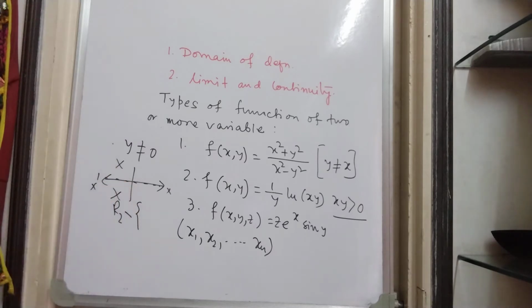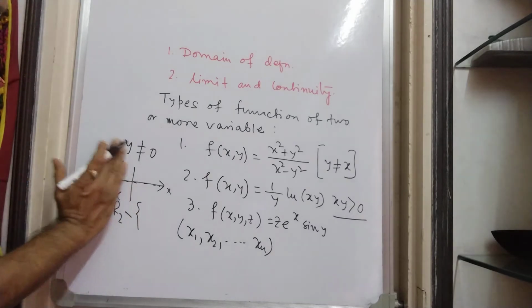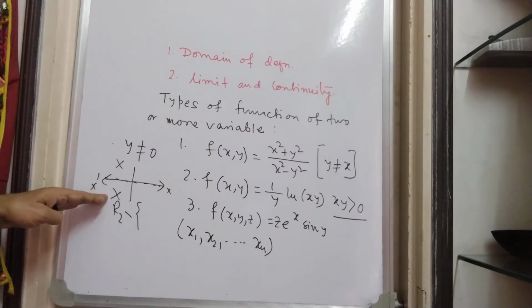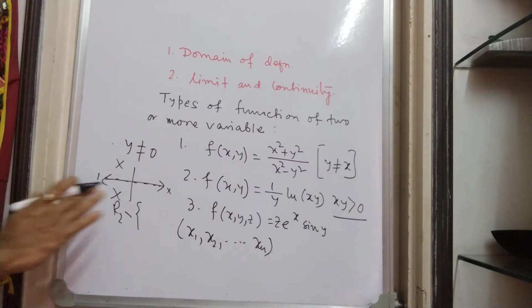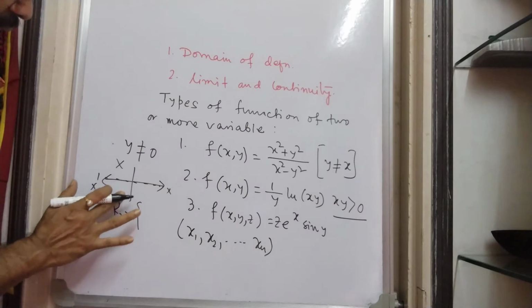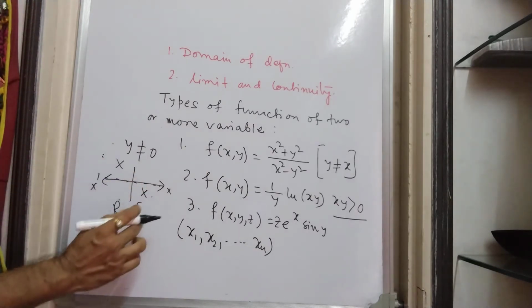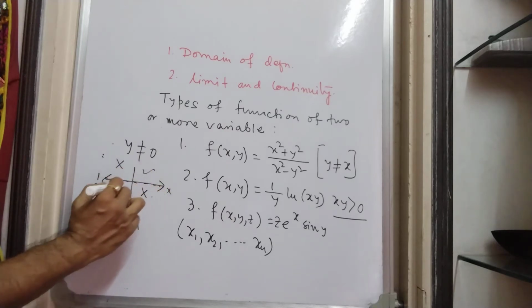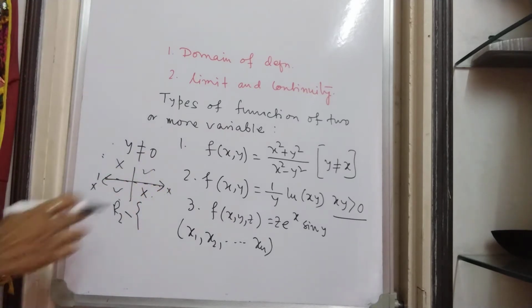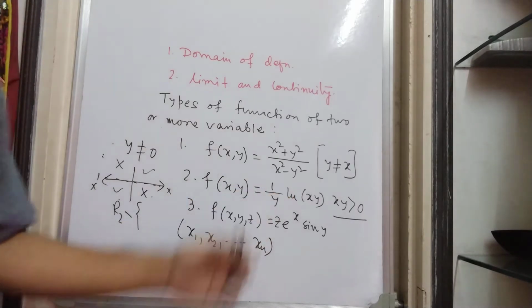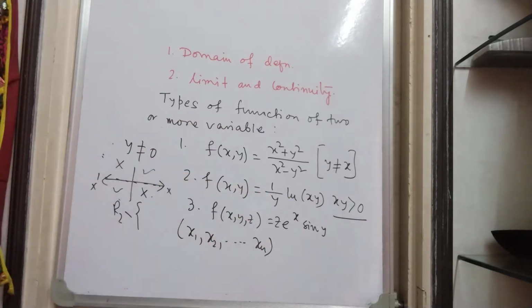Isn't it so? Because here xy is negative and here also xy is negative. No, sorry, not this one, this one, this one. So these two crosswise regions are punctured and these two are ticked, and this line is also discarded. So that is how we may define the domain of definition of this function.